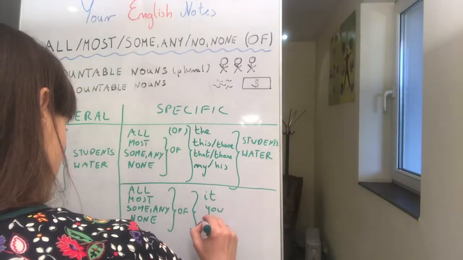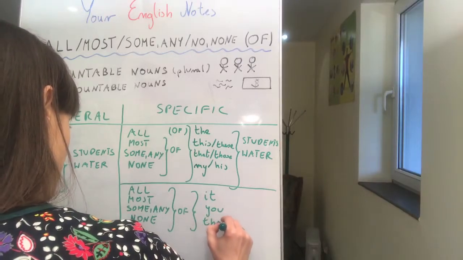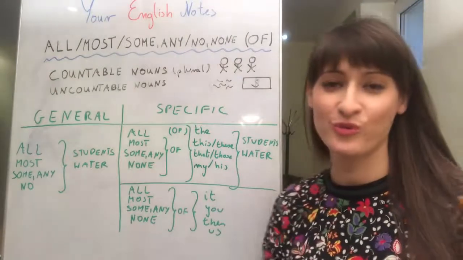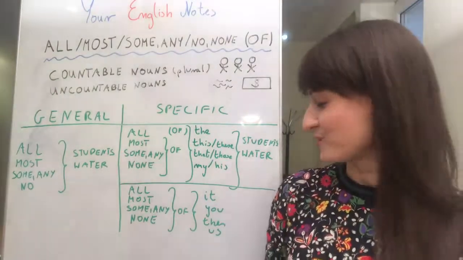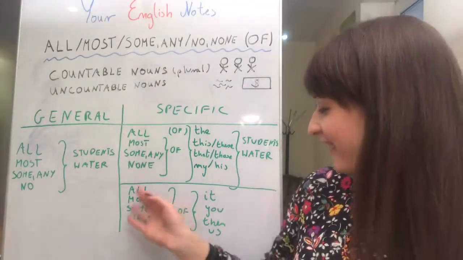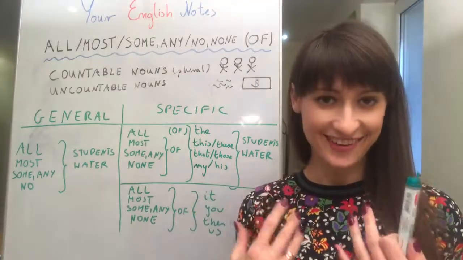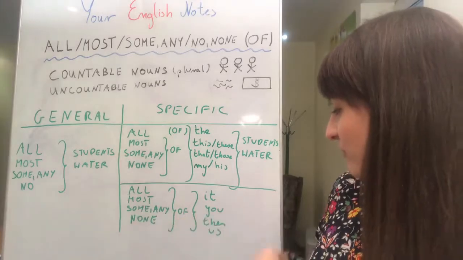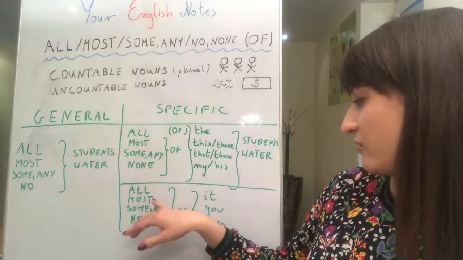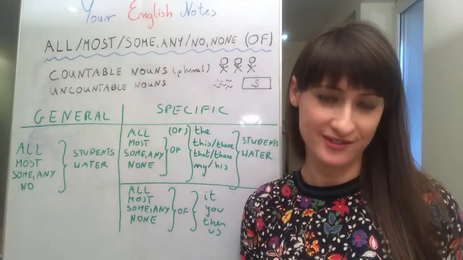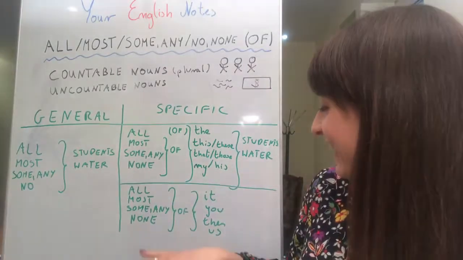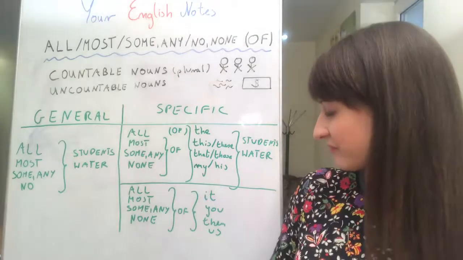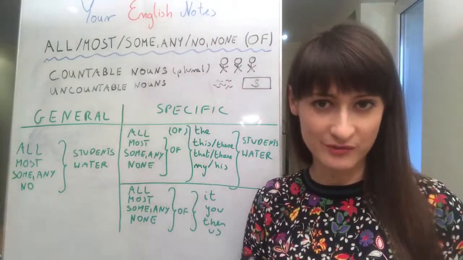For example, them and us. And I hope you watch my series because you like English, so we can say all of us like English. And for example, most of us, or maybe most of you are students, I think so. And some of it, we'll use it when we talk about uncountable nouns.